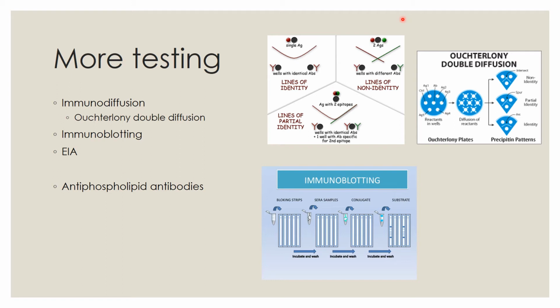Immunoblotting is another mechanism that we can use. We can separate out antigens by means of polyacrylamide gel electrophoresis, and then transfer those antigens to a nitrocellulose sheet. And then the sheet becomes your test surface, right?